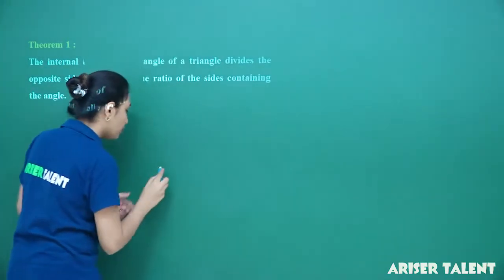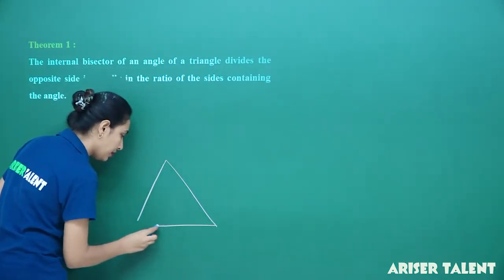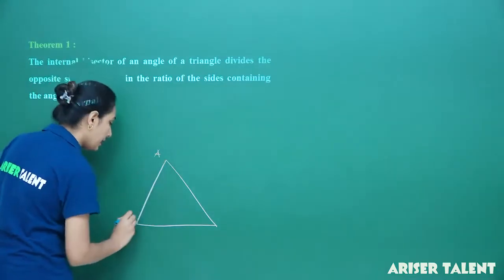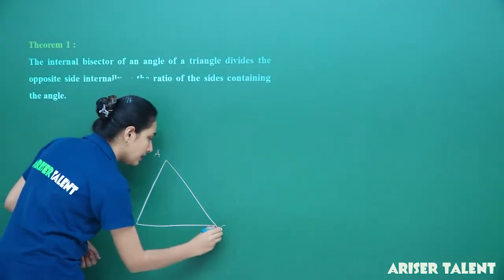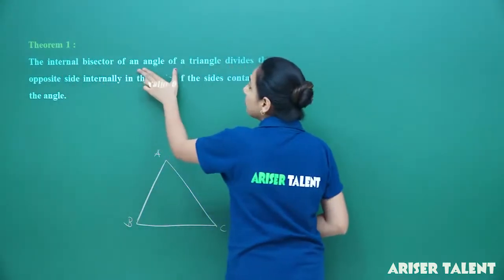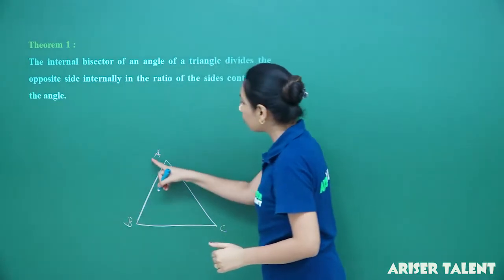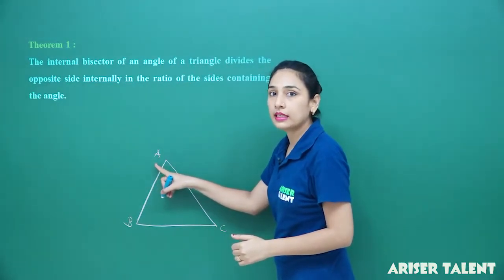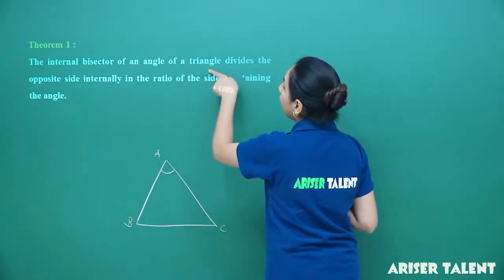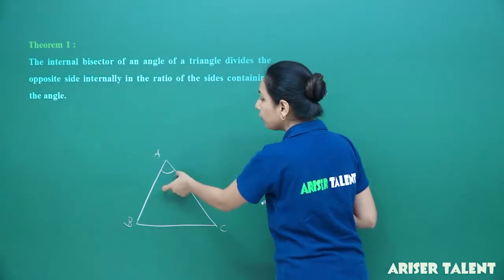I am drawing it here, and this triangle I have named A, B and C. Now, it is saying the internal bisector of an angle. Let us assume this is talking about this angle A, of a triangle divides the opposite side. This is the opposite side of this angle.